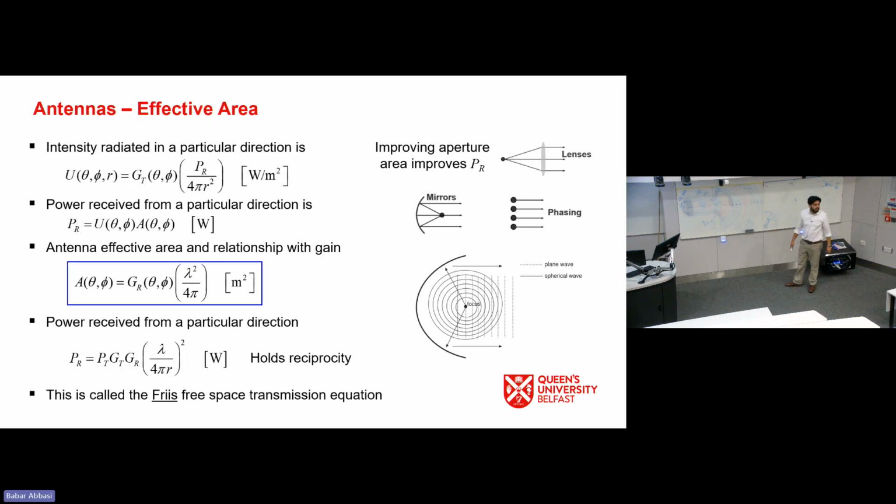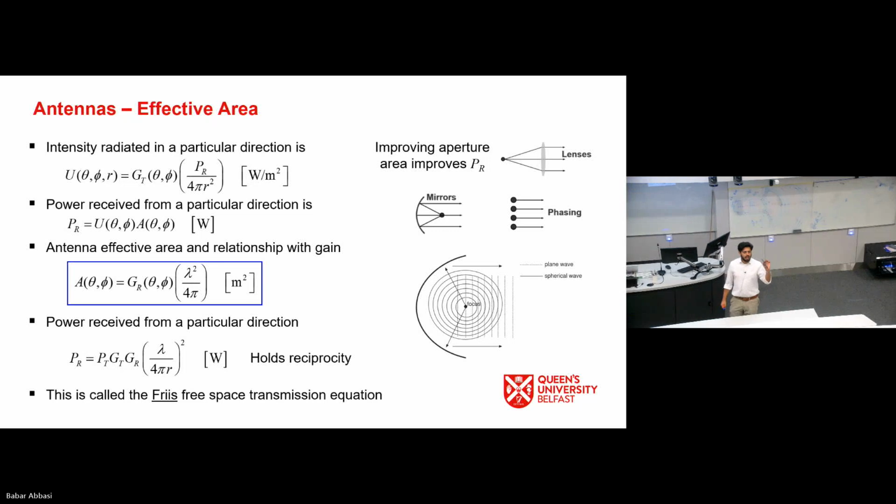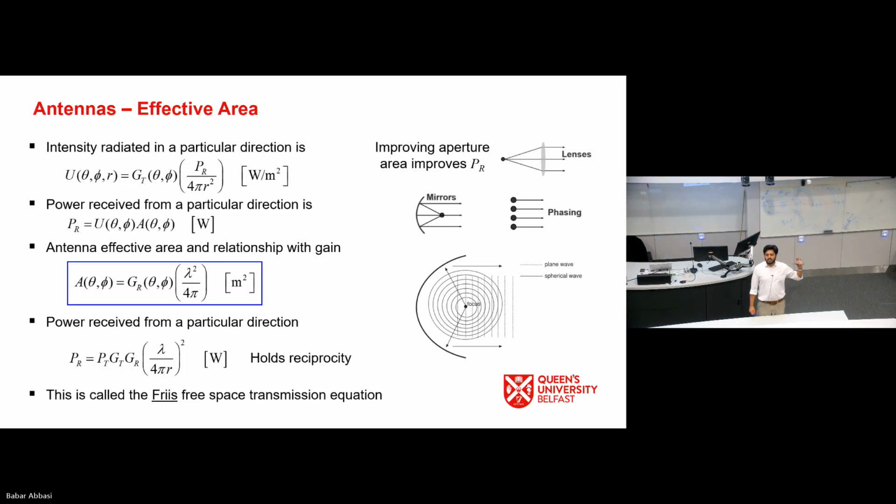That's why your mobile phone battery defines how much maximum PT you can get. The shape of your mobile phone antenna defines how much GT you will get.